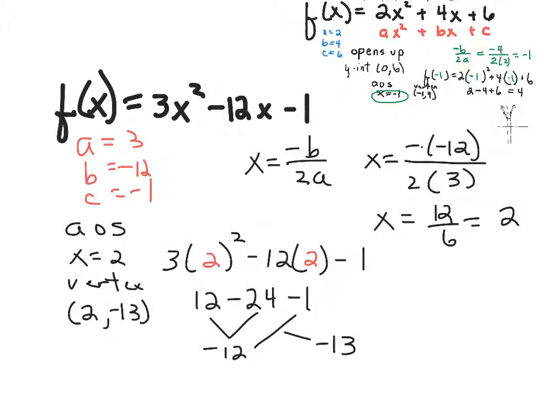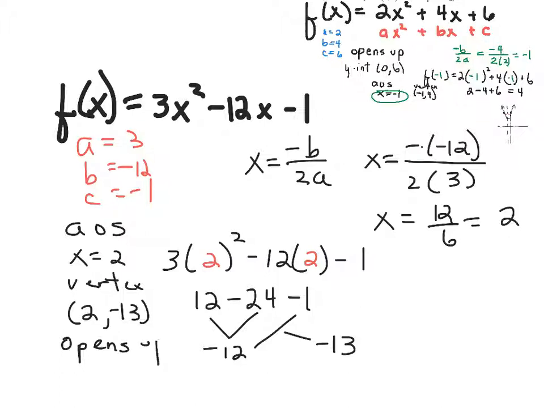Okay, so now that we have that, the other thing that we can figure out is that it's going to open up again because A is positive. And if you think of A being positive, we're happy and it makes us smile, which means that we're opening up. Okay, so we know that piece of information as well. So it's going to open up.